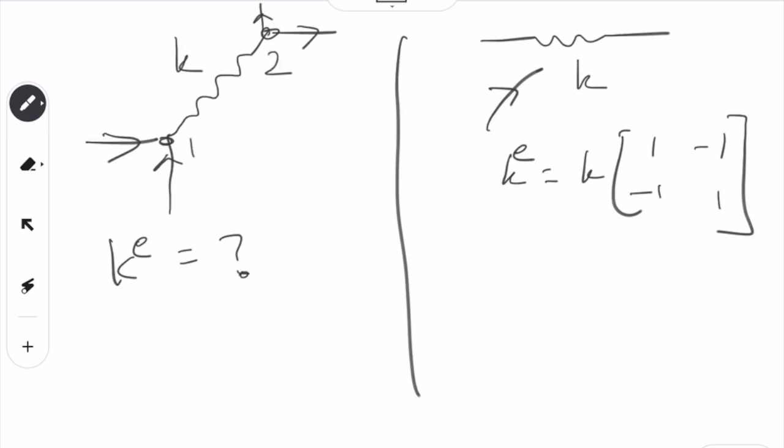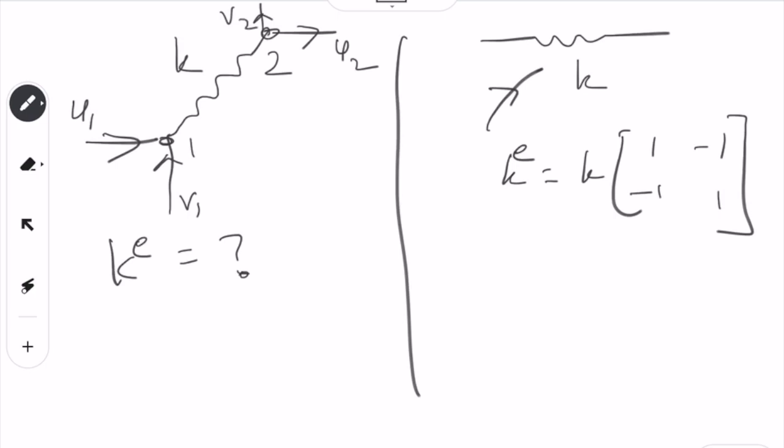However, now if you see, the degrees of freedom will change. We have 1 here, 1 here, 1 here, 1 here. So accordingly we have to formulate it in such a way that we should be able to apply the force this way also, that way also. That really means that the stiffness matrix in this case, we can write like this. Let us call it U1, this is V1, this is U2, this is V2.